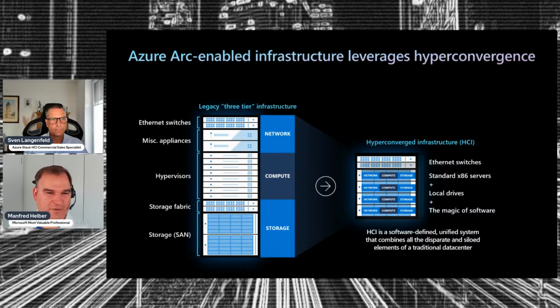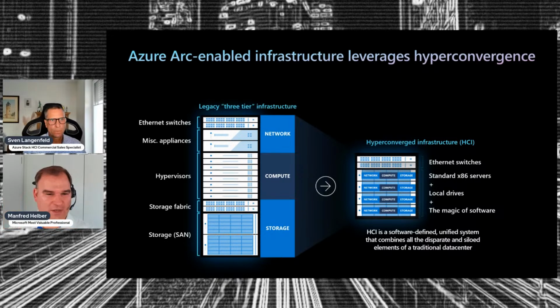As we can see in your graphic, we have a SAN system. This is a specific hardware from a vendor A, B, or C. We had the focus on storage fabric switches, on network appliances, so always hardware orientated. And with the hyperconverged infrastructure, we have the advantage that we are using industry standard technology.